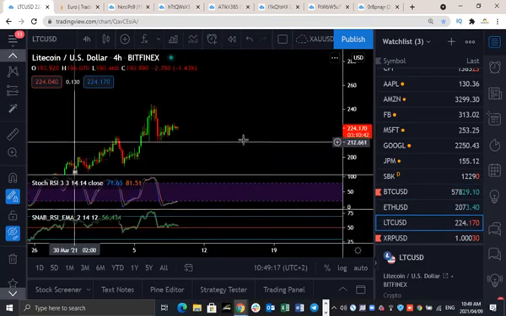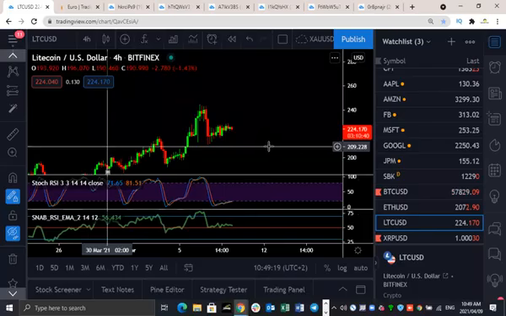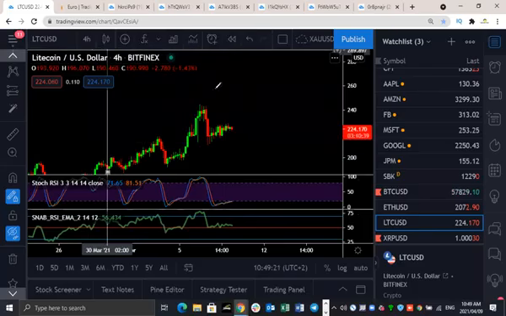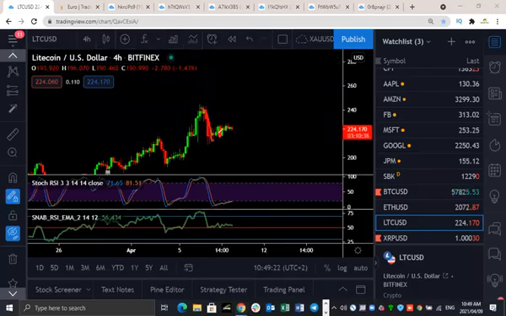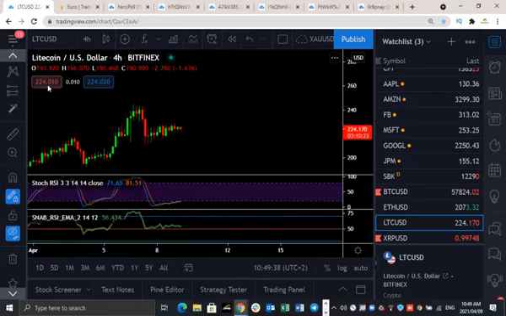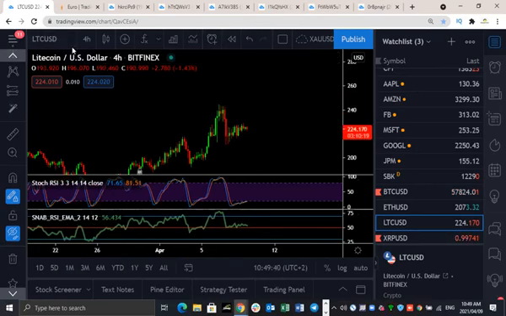Litecoin. Others are looking up and Litecoin is looking down, at least structurally with this corrective structure. But the indicator is not confirming that move. We're just seeing the RSI above 50. Let's look at the 1 hour, see what we're getting. This is the 4 hour.